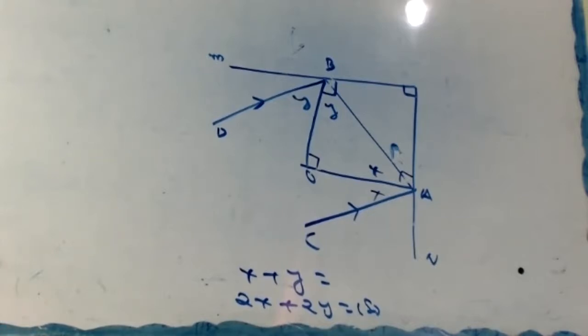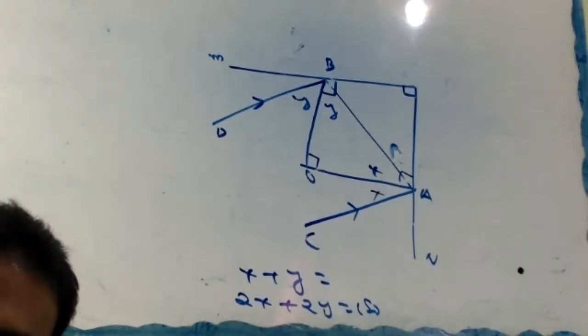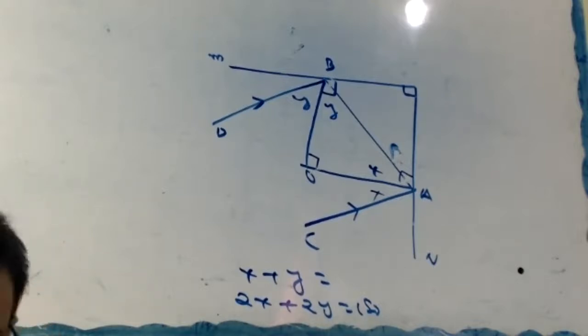Draw OA perpendicular to mirror N, and OB perpendicular to mirror M. Then to prove: AB parallel to BD.